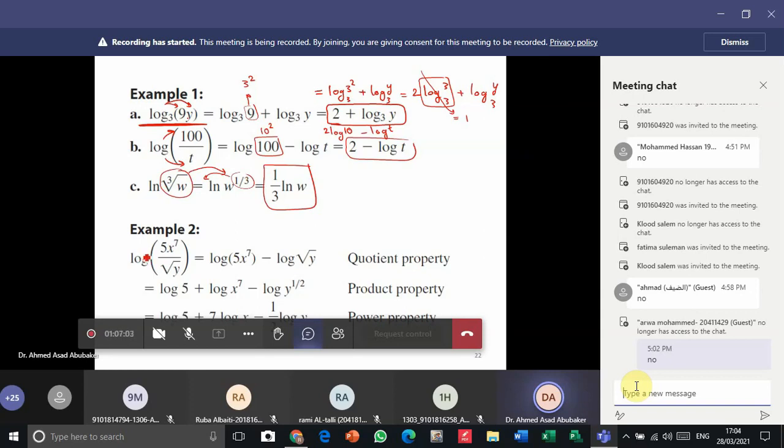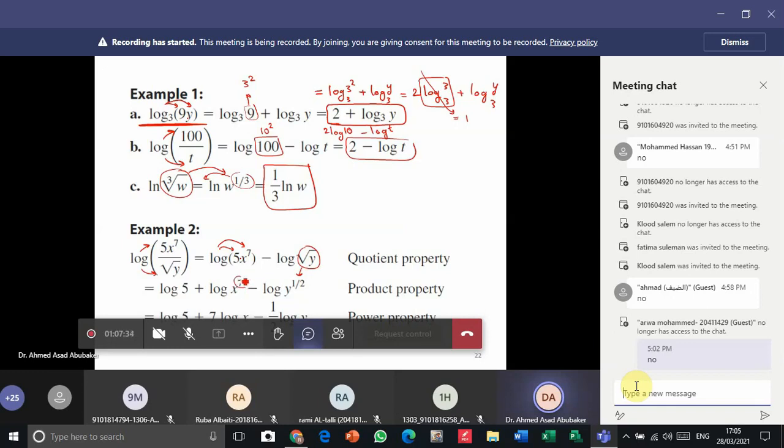Look at this also. We can distribute the numerator and denominator. So we have log of 5x to the power 7 minus log of radical y. And distribute: log 5 plus log of x to the power 7, because this is a product. And radical y equals what? y to the power half.